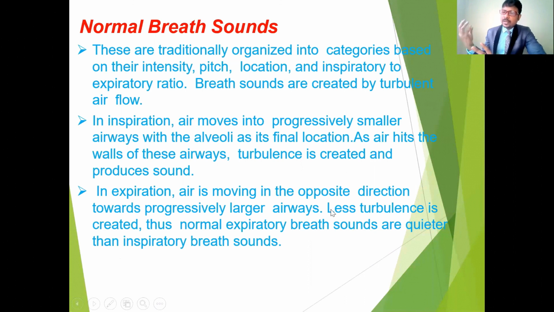The carbon dioxide starts from the alveoli and enters the larger airways, from the tertiary bronchioles to the secondary and primary. In the larger airways, turbulence is still created, but less than in inspiration, where there is more turbulence.